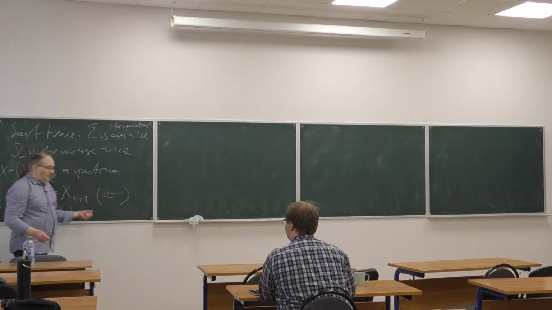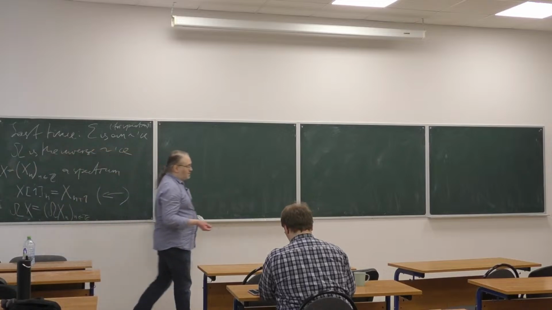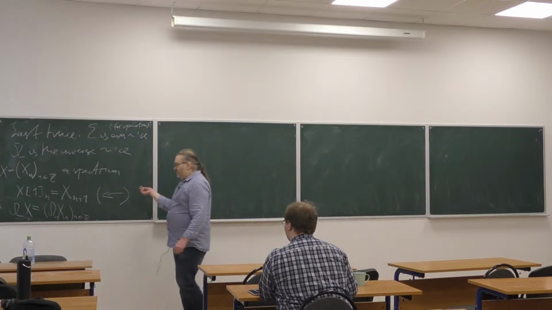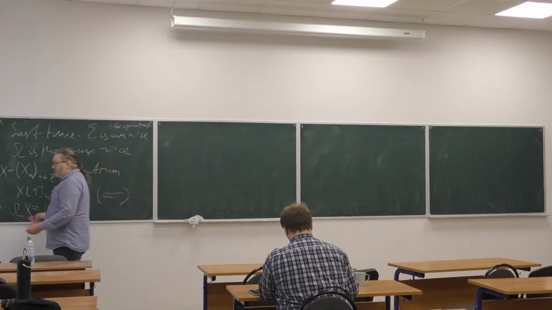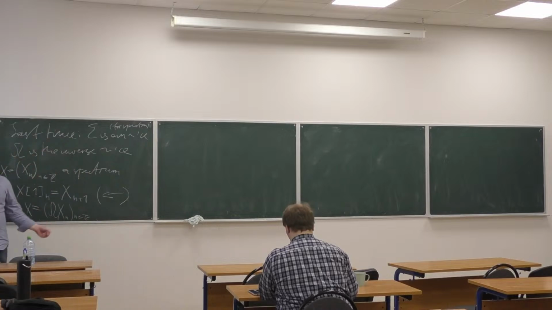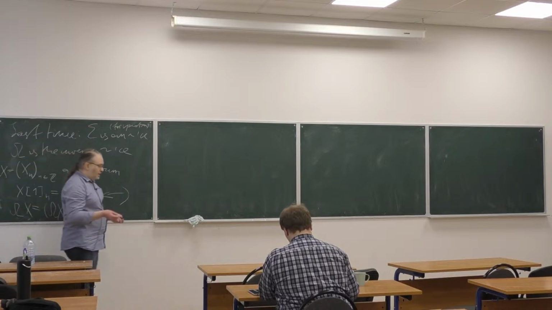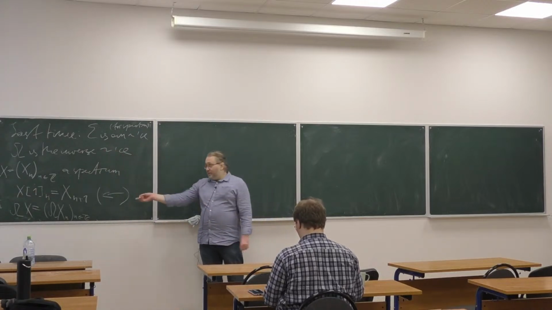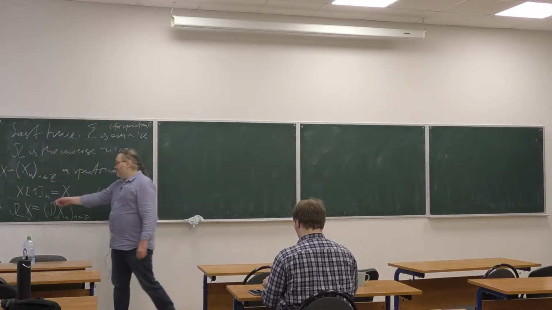Or we can also take the loop spaces of all components, and if we have a map from xn to omega xn plus 1, we can loop this map and get the structure maps for this spectrum.